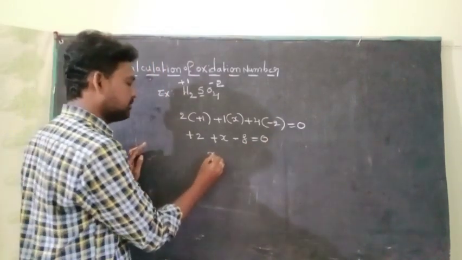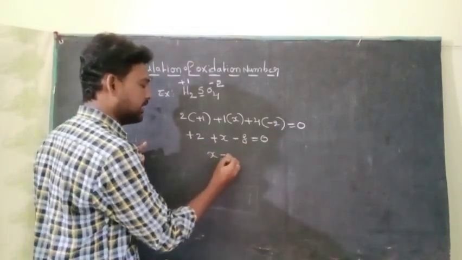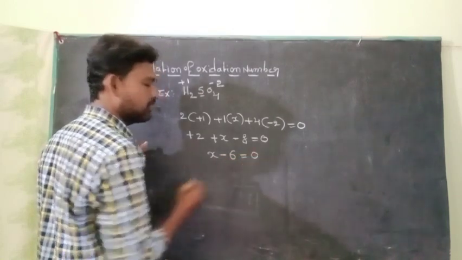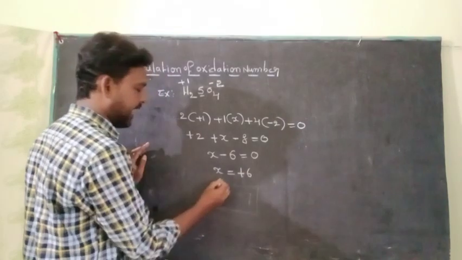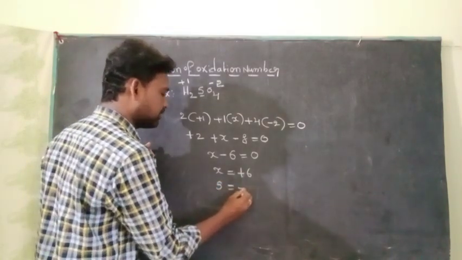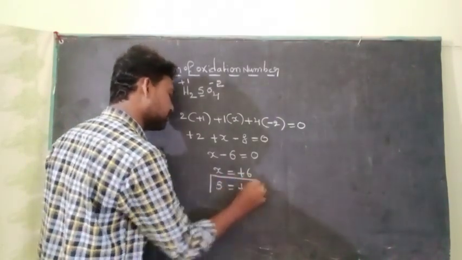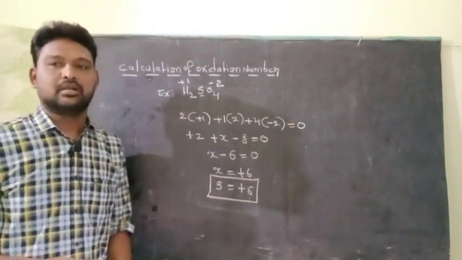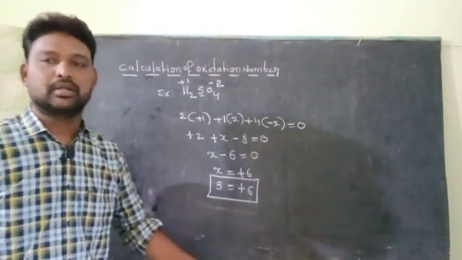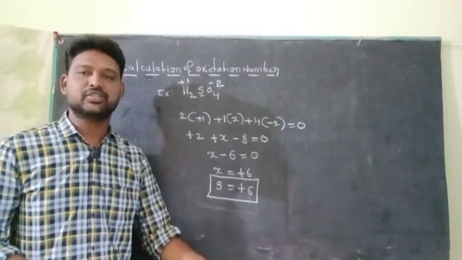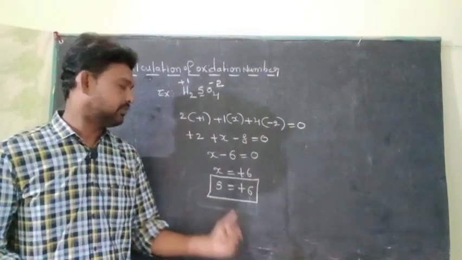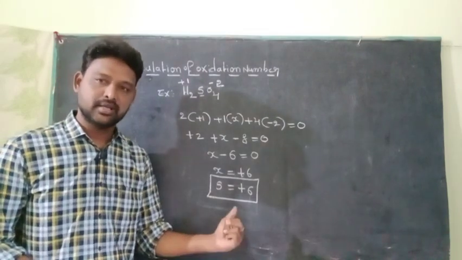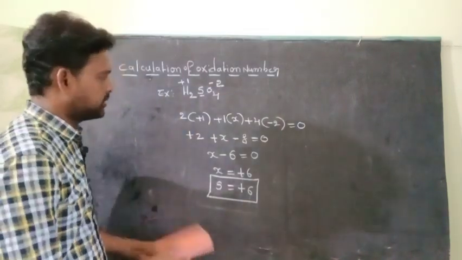So X plus 2 minus 8, that is -6, equal to 0. So X equal to plus 6. X is nothing but sulfur. The oxidation number of sulfur in H2SO4 is plus 6. Okay. Next, one more example.